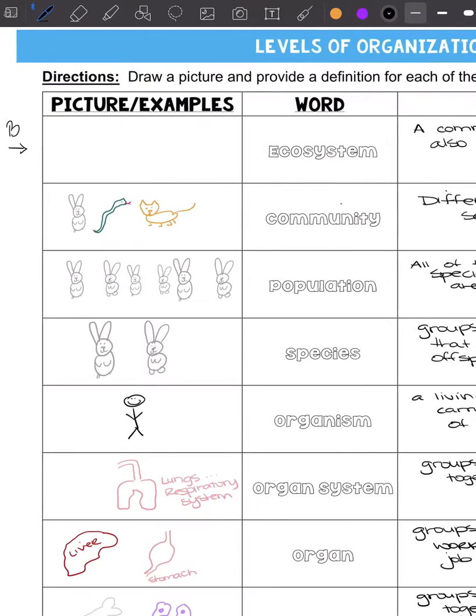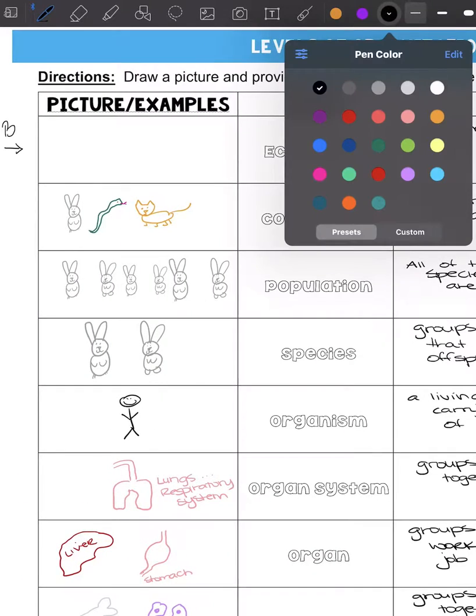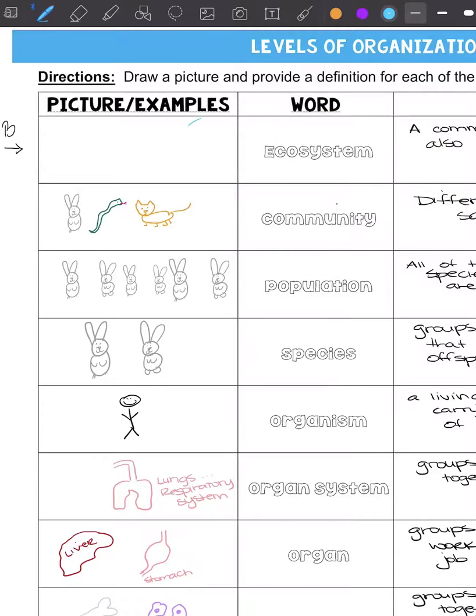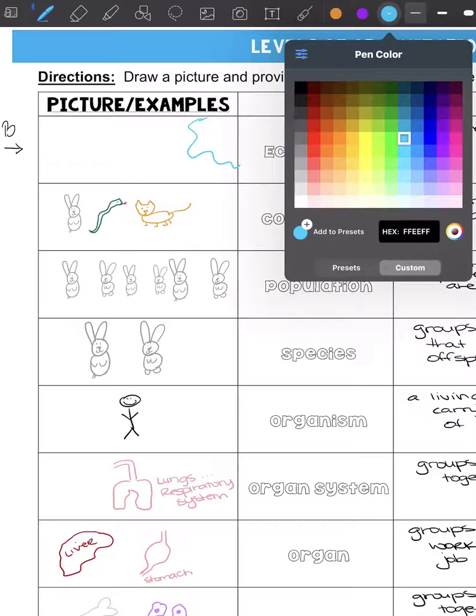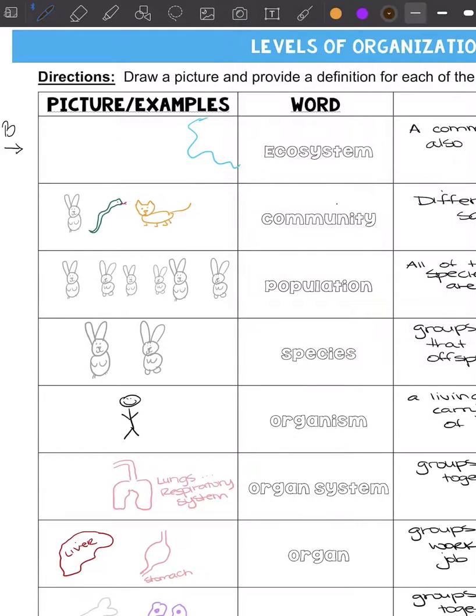So I'm going to have, let's say, there's a lake or a body of water, and the dirt that surrounds that body of water, and some rocks in that area.